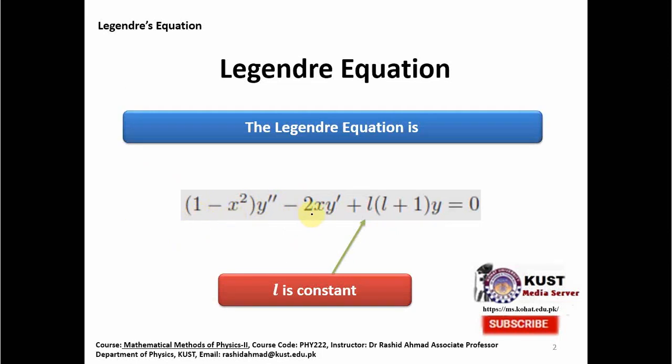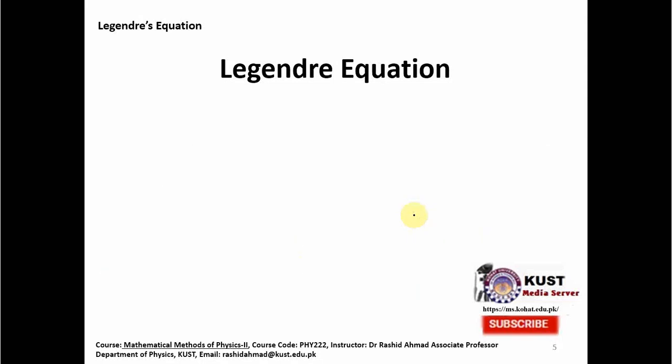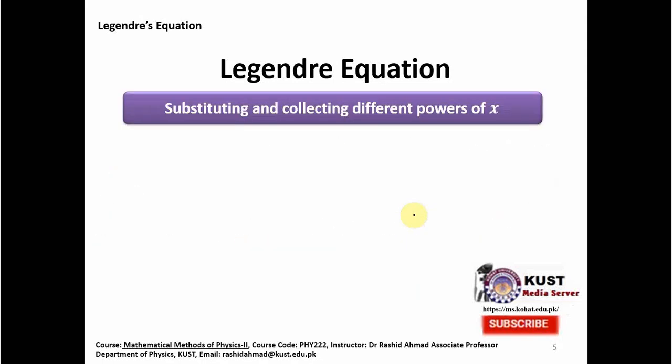We will put the value of y prime over here. So every term of this y prime series will be multiplied with the minus 2x, and then we put y over here, and every term of the series will be multiplied with L into L plus 1. So in this way we will substitute term by term everything over here, and we will also then collect the different powers of x.